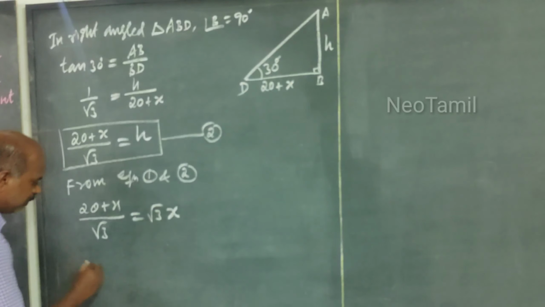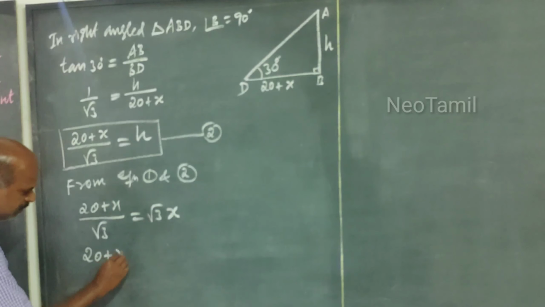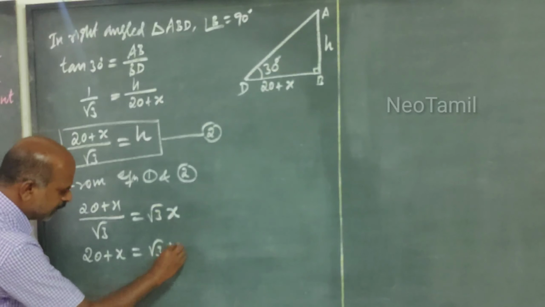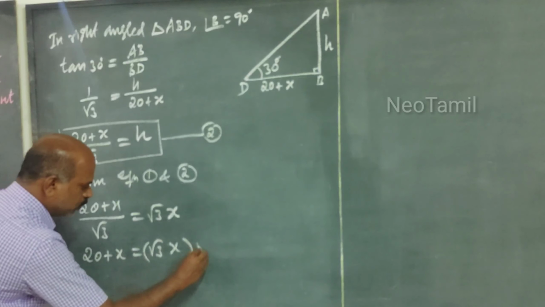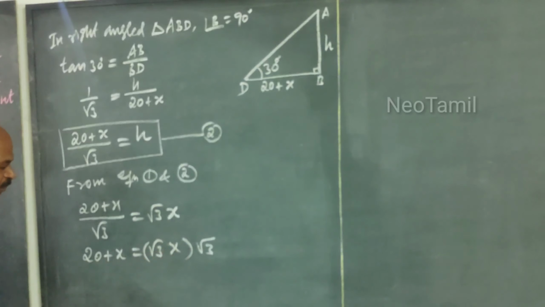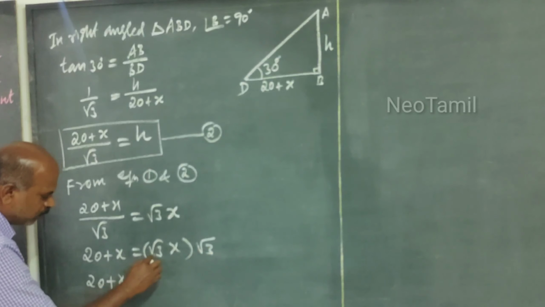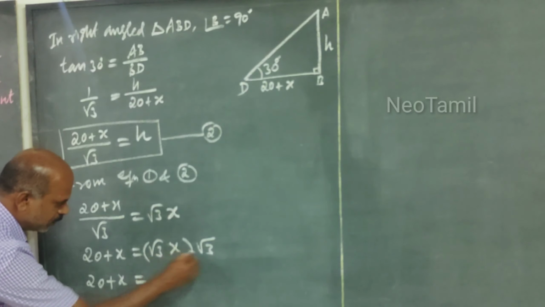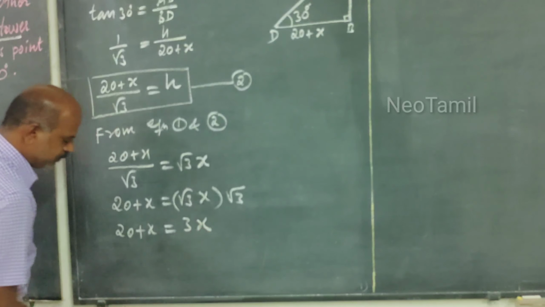So now make the cross multiplication. 20 plus x is equal to root 3 into x into root 3. Root 3 into root 3 becomes 3, so 3x.